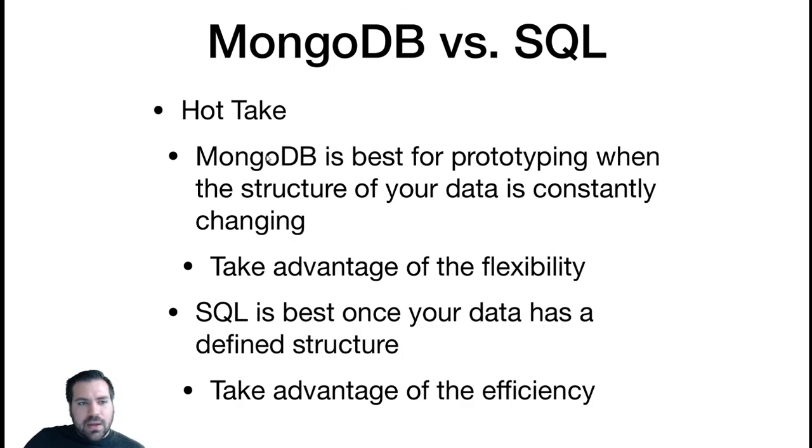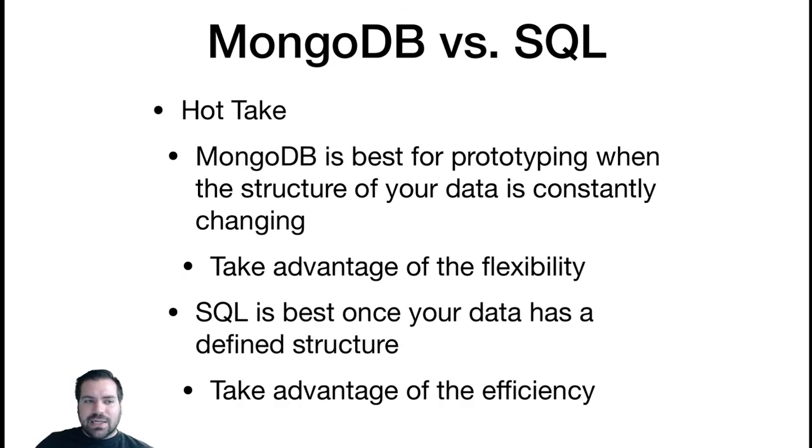Very flexible, makes it easier to work with when you don't know what your app is going to look like yet. Once your app settles down and the structure of your data settles down, and you have a clearly defined structure in the way your app is set up, then it's probably time to switch over to SQL and take advantage of all that efficiency that SQL gets you. SQL can index very efficiently. It can retrieve data very fast, very quickly.